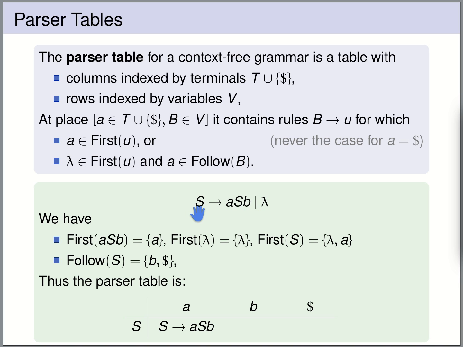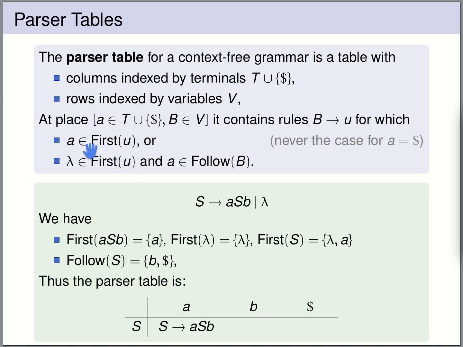So the rule S rewrites to ASB should not go into this cell. The second clause is also not applicable to the first rule because lambda is not part of first ASB. ASB is not erasable.